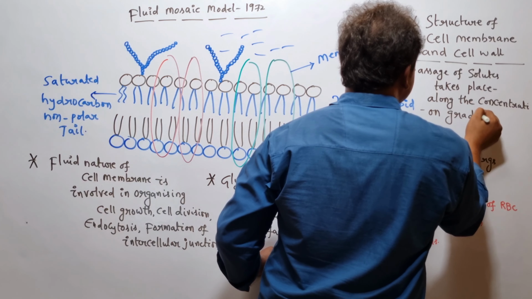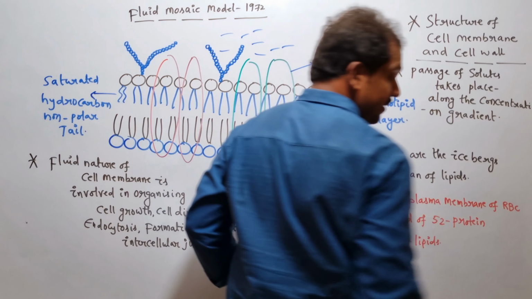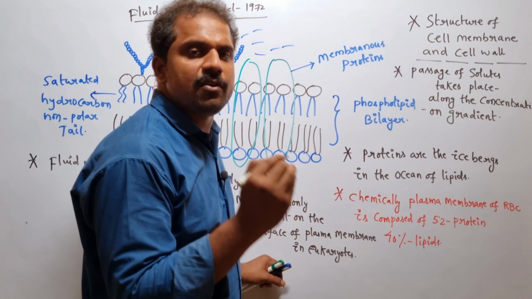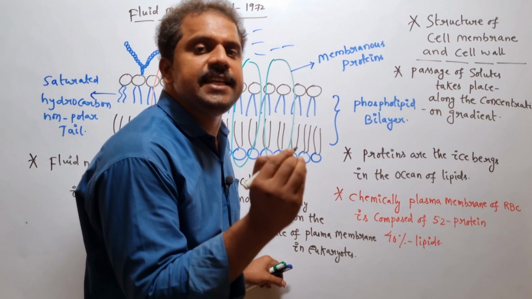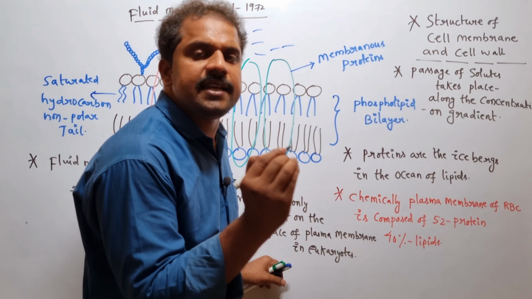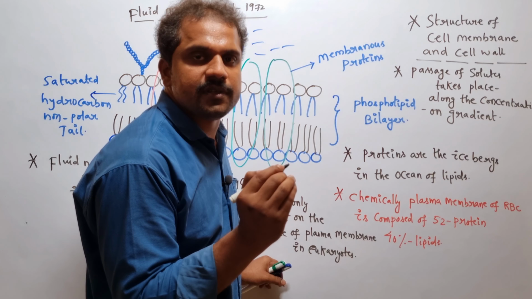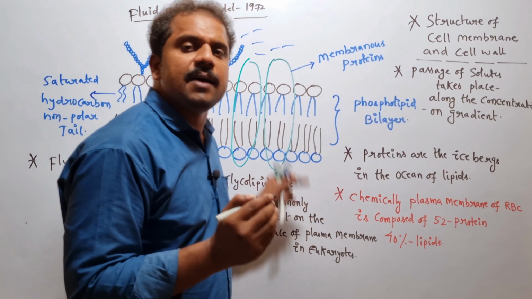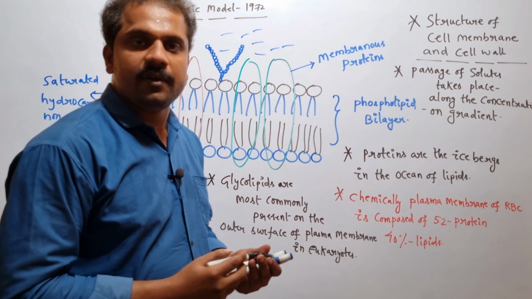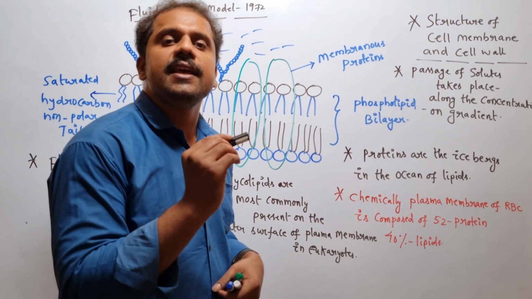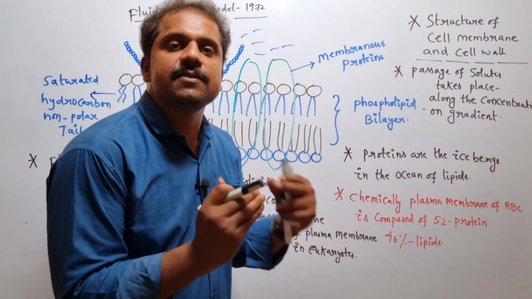That means the solutes are capable of moving from the higher concentration to the lower concentration. That means it is an energy independent process. Always the energy independent process is a passive process. So the solutes are capable of coming across the cell membrane without taking advantage of energy or without the investment of energy.